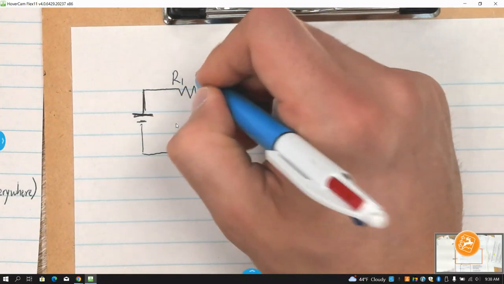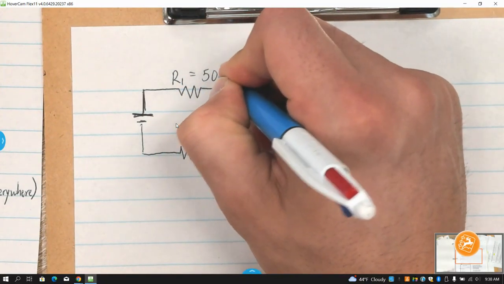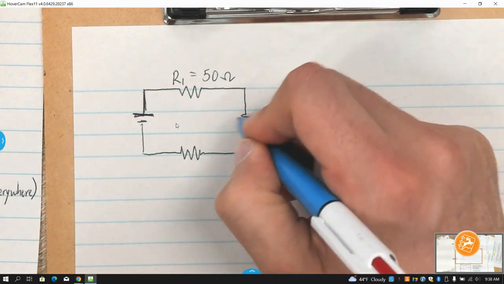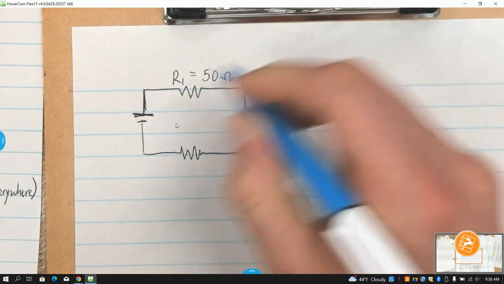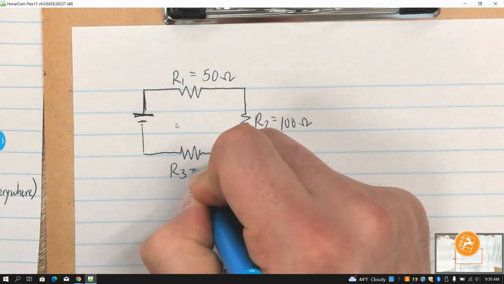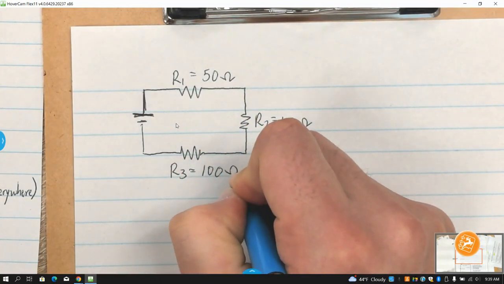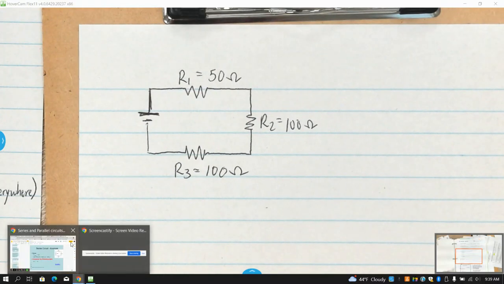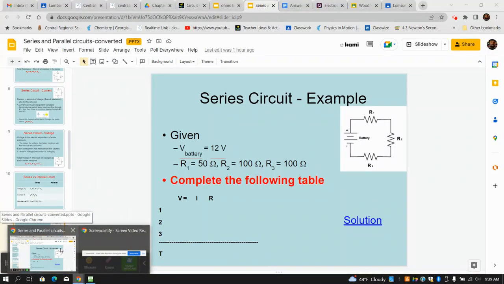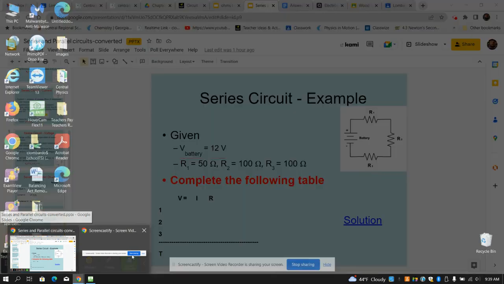R1 they said was equal to 50 ohms. R2 they said was equal to 100 ohms, and R3 is 100 ohms. And what else did they say? They said the battery is 12 volts.